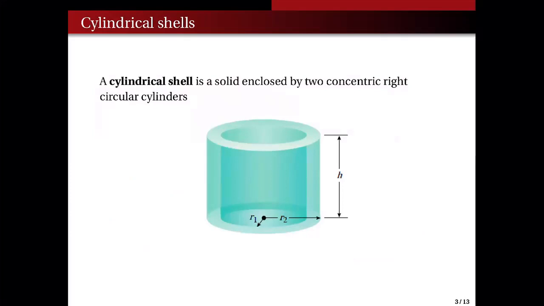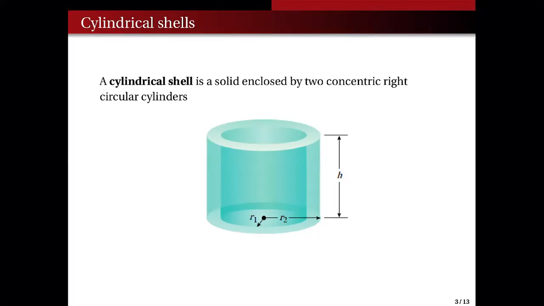You can think of this as a straight tube, and the solid is the lining or the boundaries in that tube. So maybe you can think of this as a washer, but a taller washer. If you make your washer taller, then you have a cylindrical shell. So it's just a tube.